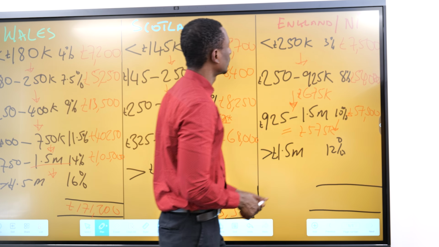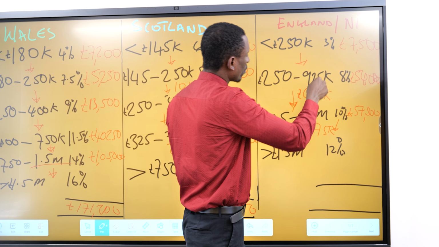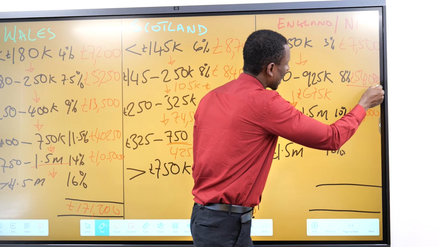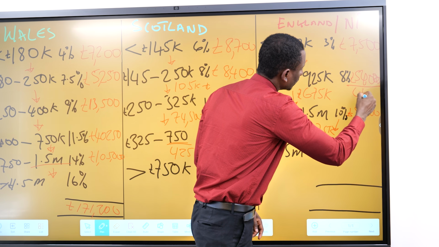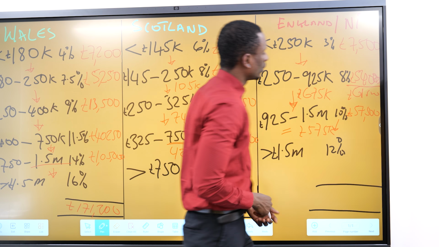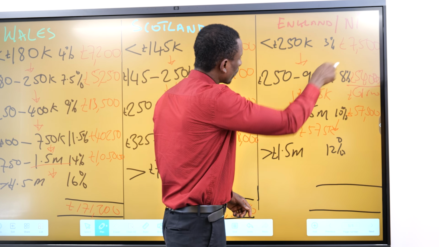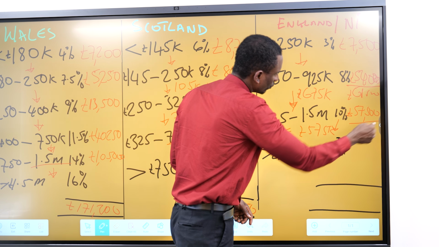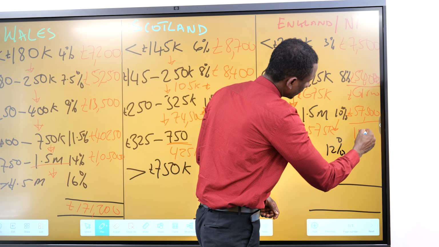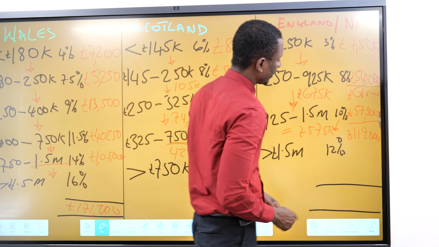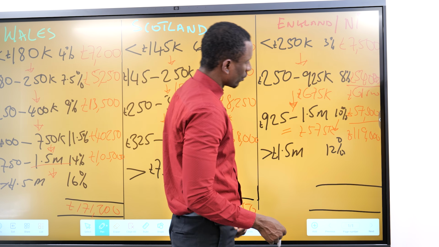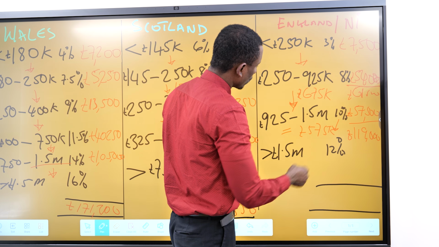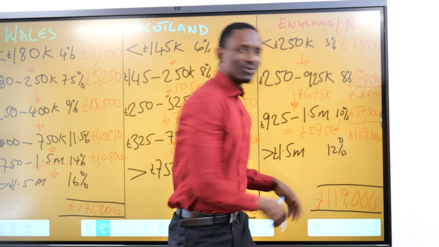So in essence, if you're buying a property worth £925,000, you would have paid a total tax of £61,500. And again, for any property above that figure, your additional cost in total would have been £119,000. Okay, so £119,000 for buying property up to 1.5 million.